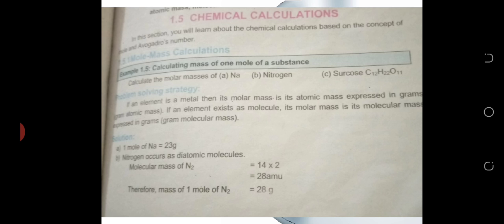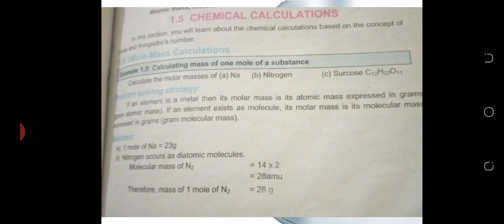If an element is a metal, then its molar mass is its atomic mass. You know very well what the definition of molar mass is. Whenever we express the atomic mass in gram, it is your gram atomic mass, which means it is your molar mass. If an element exists as a molecule, its molar mass is its molecular mass expressed in gram.